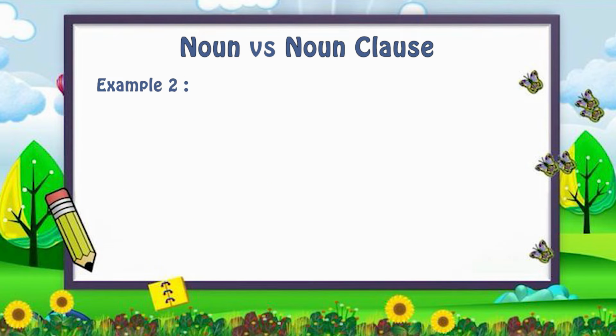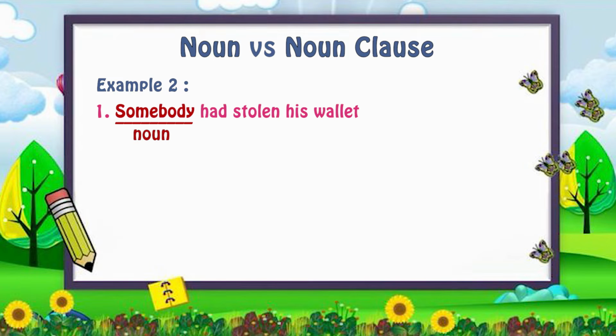Now let's see the second example. Somebody had stolen his wallet. Somebody here is the subject, that is the noun. And I would like to change somebody into a noun clause.